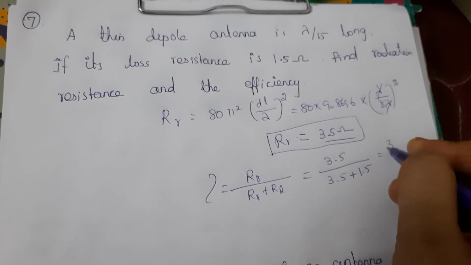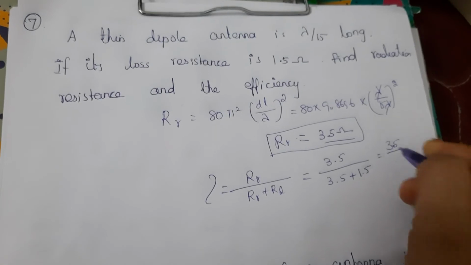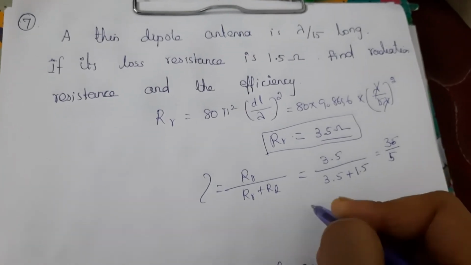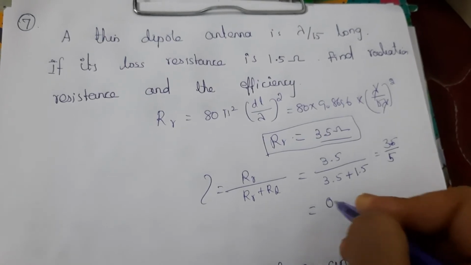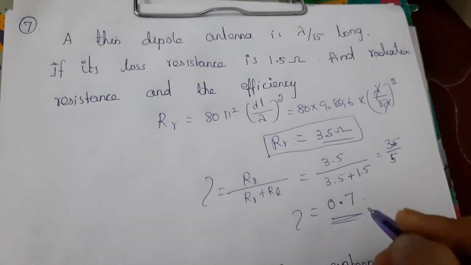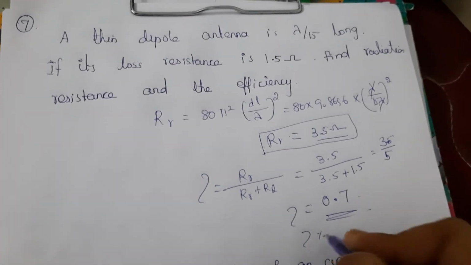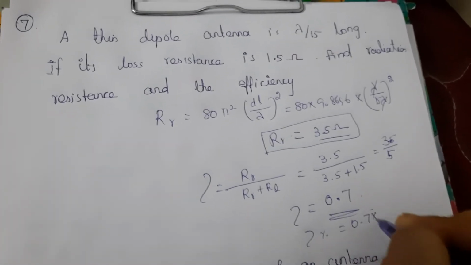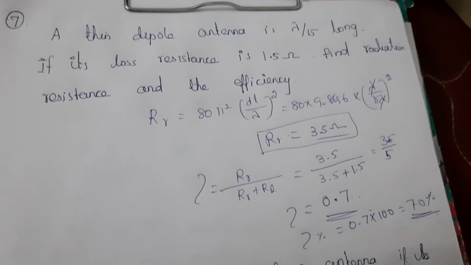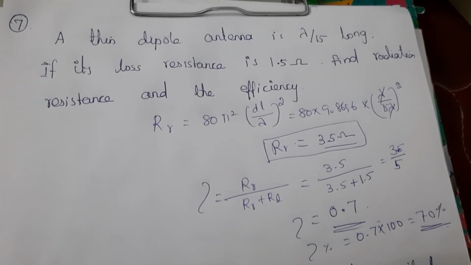So that is 3.5 divided by 5. Solving this, we will get 0.7. So eta in percentage is 0.7 into 100, that gives 70%. So the efficiency here is 70%.